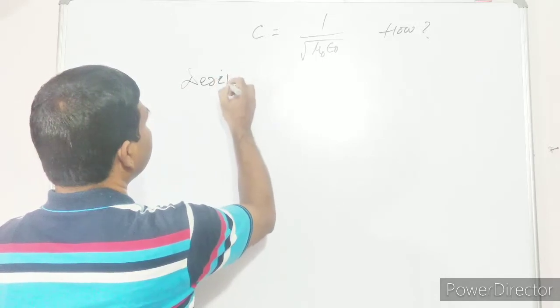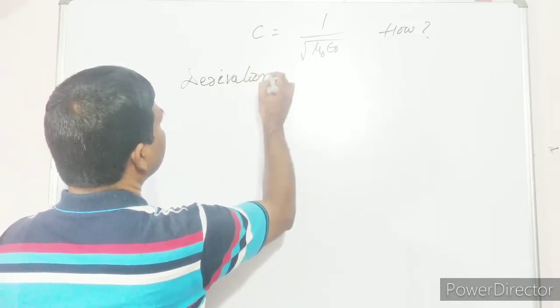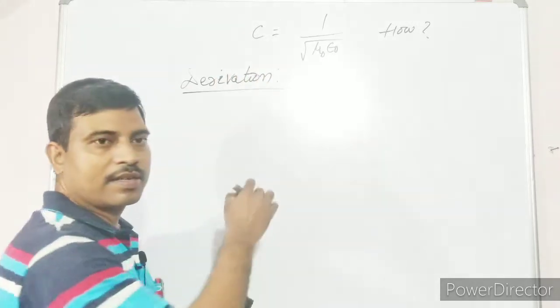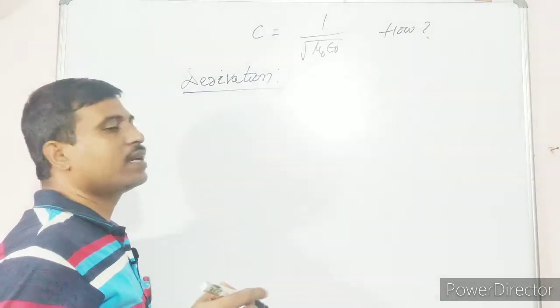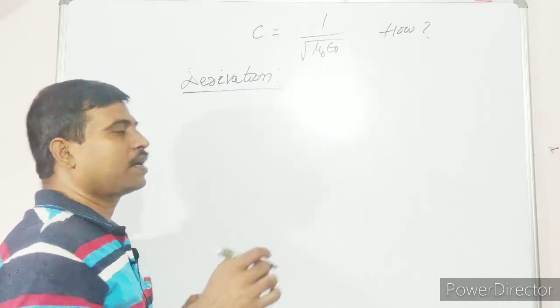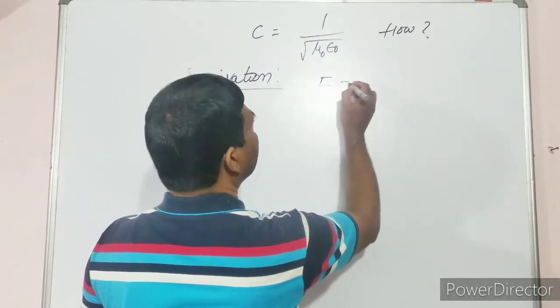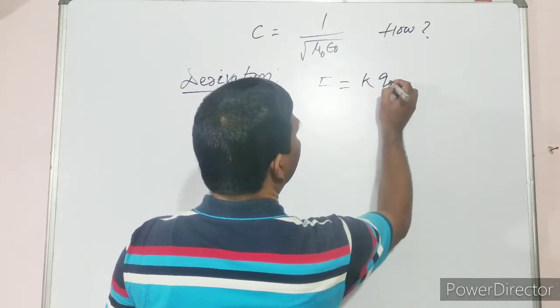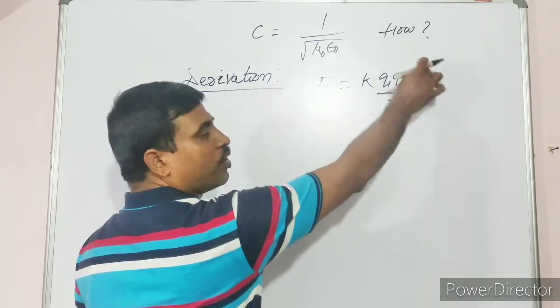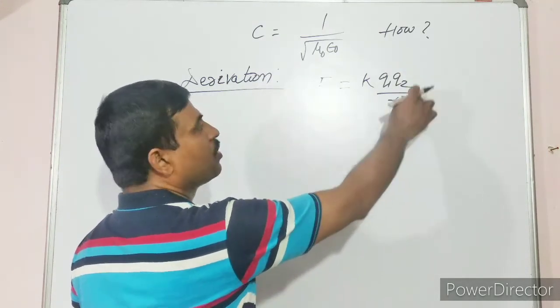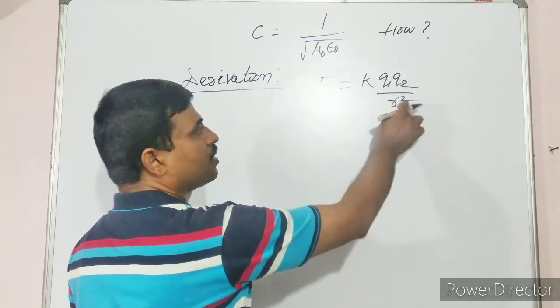Derivation. Anybody who can say? Abhijit, you tell Coulomb's law. F is equal to K Q1 Q2 by R square, where they are point charges and R is the distance of separation when the charges are at rest.